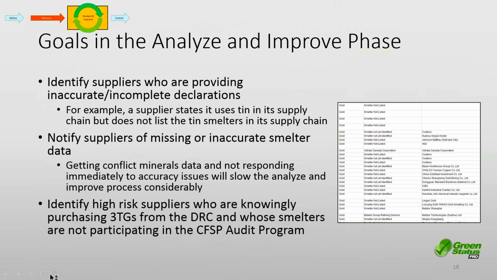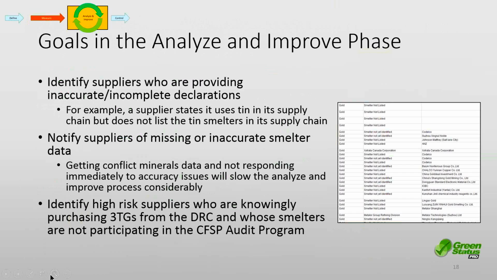Once you get to the analyze and improve phase and you've gotten your smelter data, you realize that there are a lot of either missing or incomplete declarations. You need to be able to sort through this data, identify which declarations are missing, which are incomplete, and tell your suppliers they need to fix this, so you can have a complete map of your supply chain.